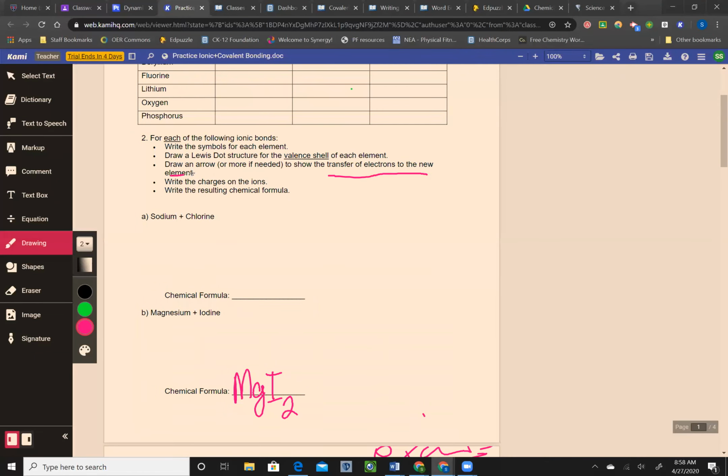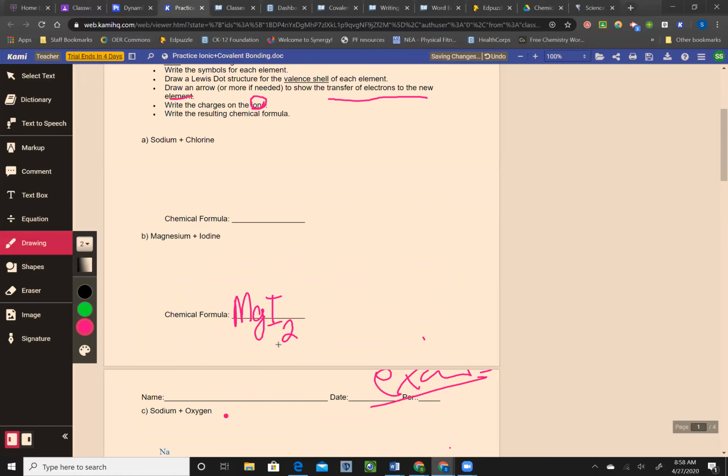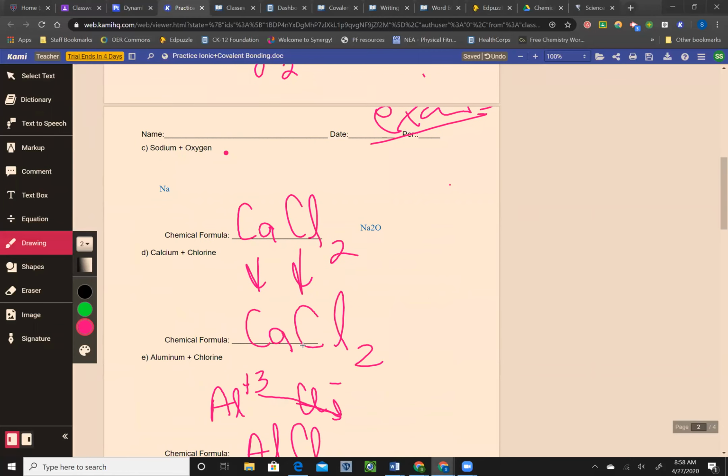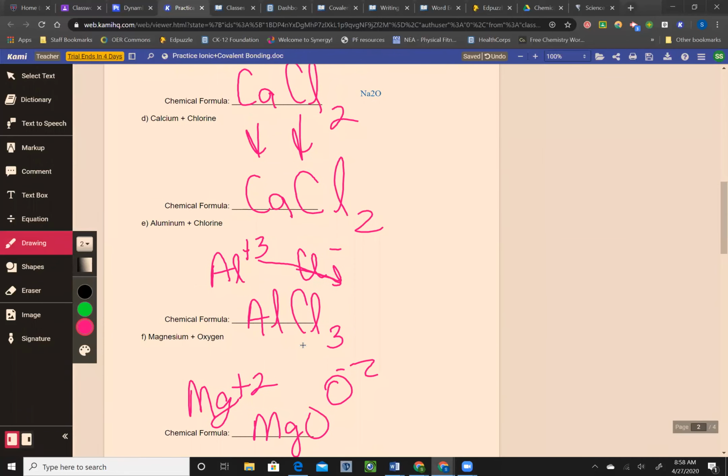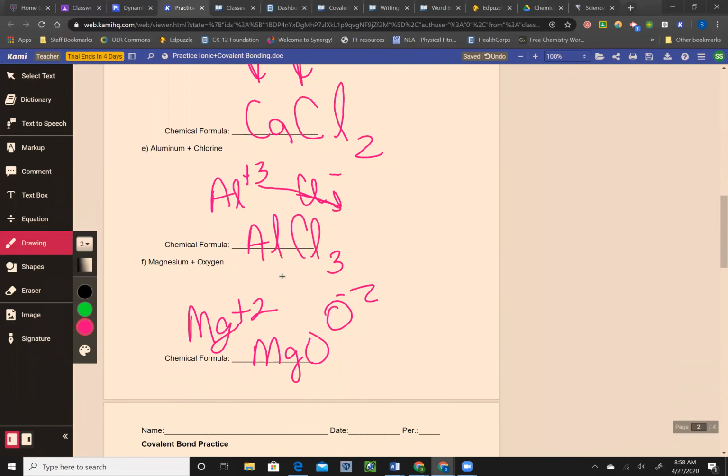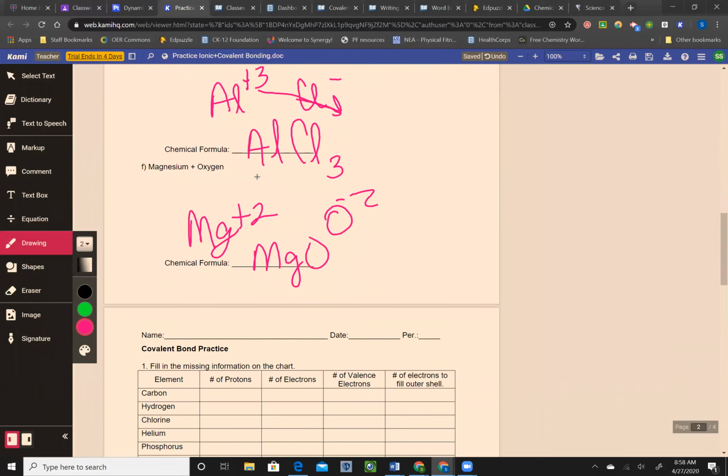And then I want you to write the charges of those ions, because any charged particle is called an ion, and then the resulting formula. Okay, so you go through the motions and you can check your answers with these. There's the calcium chloride, aluminum chloride, and magnesium oxide.